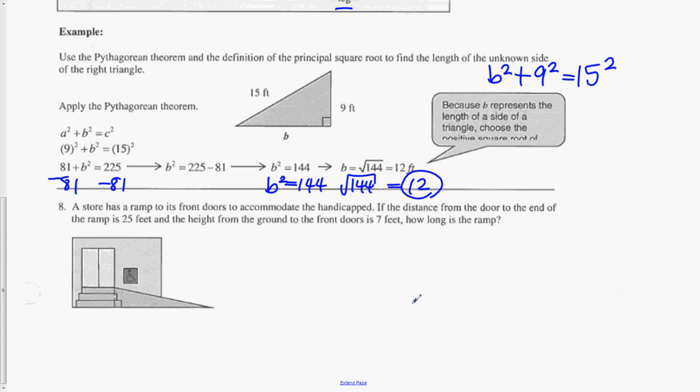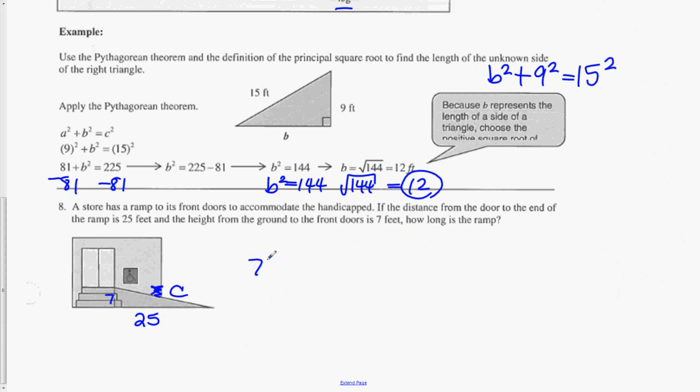We could do one like this one. You've got a store that has a ramp to its front door. The distance from the door to the end of the ramp is 25 feet. So that's down here. The height of the ramp is 7. And it's asking you to find the hypotenuse, which I'll call c because we called it c above.